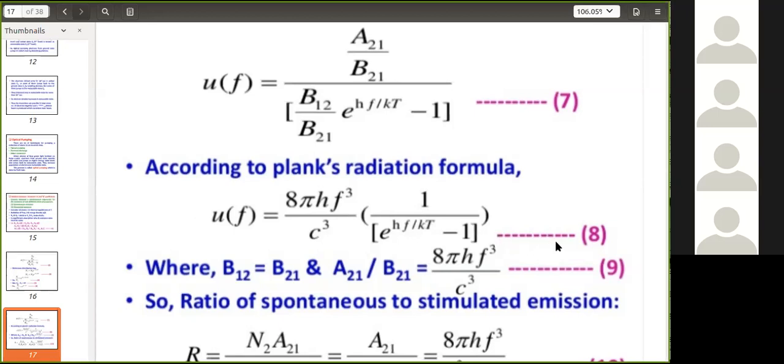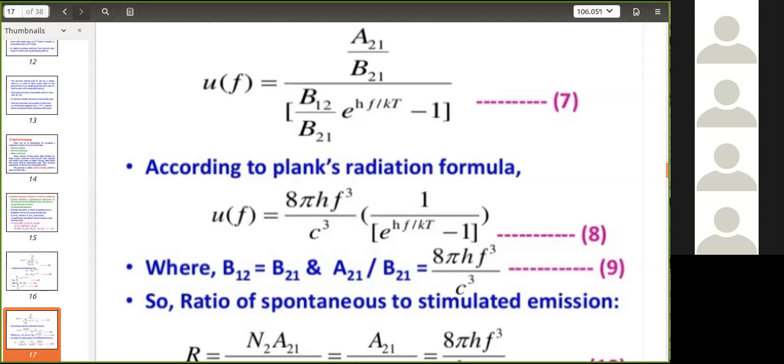अभी इक्वेशन 8 और इक्वेशन 7 का कंपैरिजन अगर हम करेंगे तो हमें मिलेगा A21 by B21 is equal to 8 pi h f cube by c cube, and e to the power hf by kt का कोएफिशिएंट है B12 by B21 और यहाँ पे है 1. So we can write B12 has to be equal to B21.